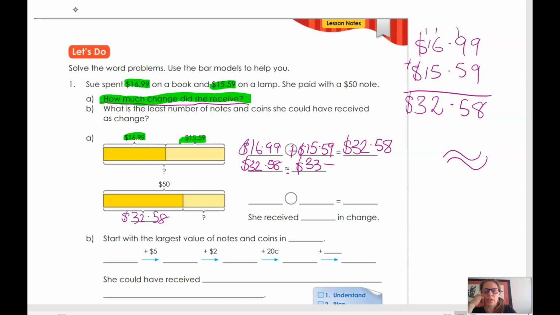If we wanted, we could just do 50 minus 33. And we can almost do 50 minus 30 plus 3, because that'd be 23. No, that seems wrong. 50 minus 33.